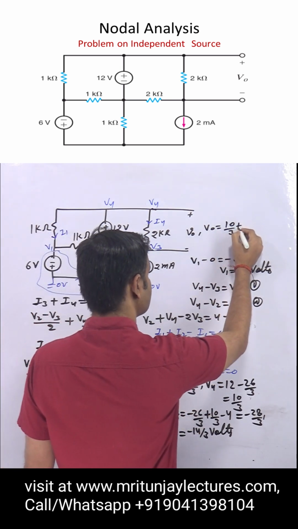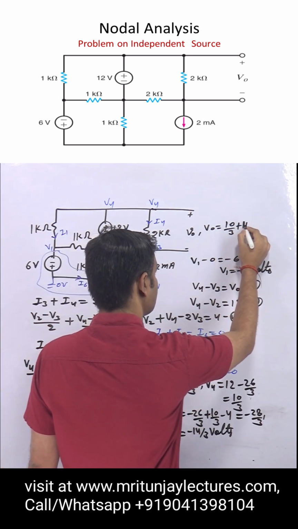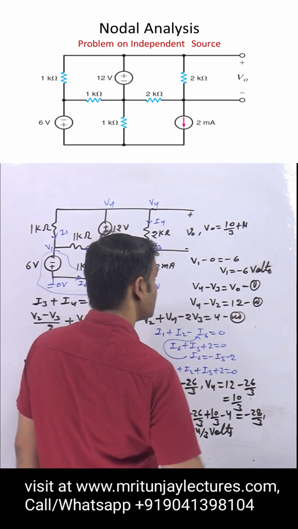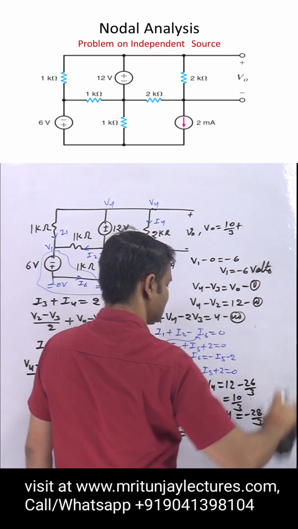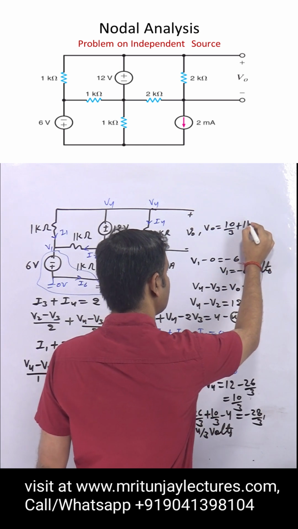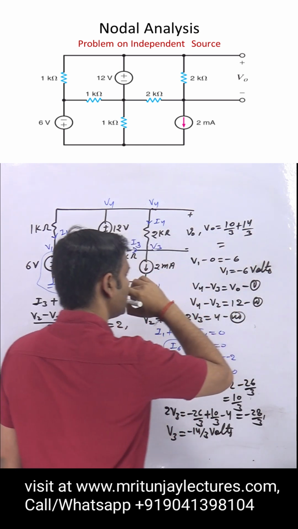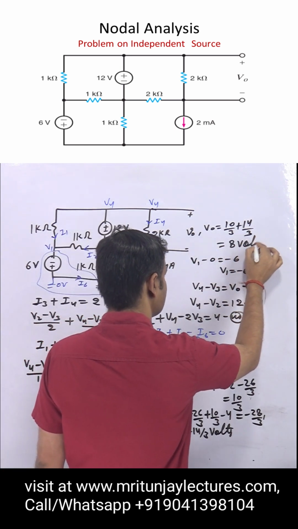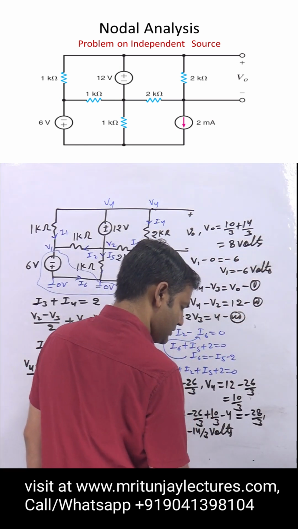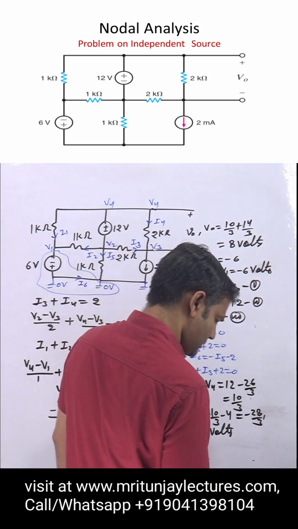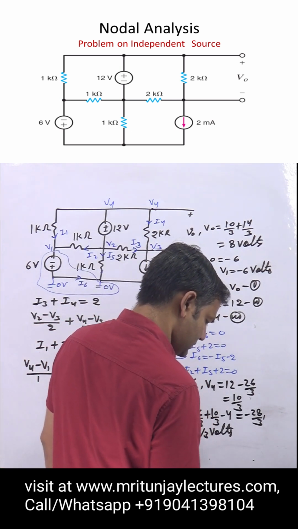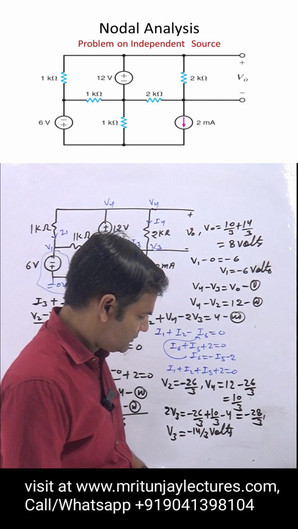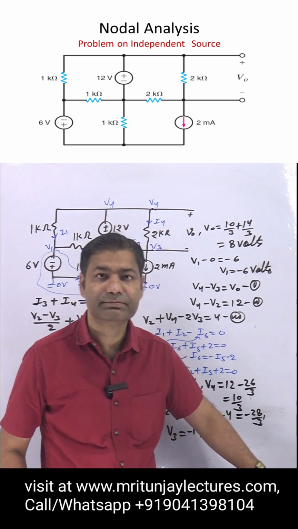So minus minus plus 14, that is 14 by 3 plus 10 by 3, that is 24 by 3, that is 8 volt, the final answer. Clear or not? Okay. So V0 is 8 volt.